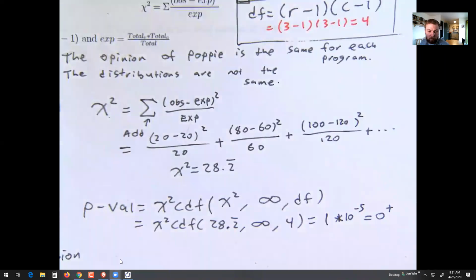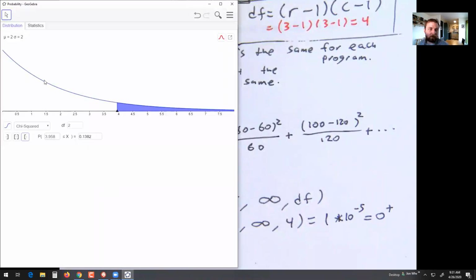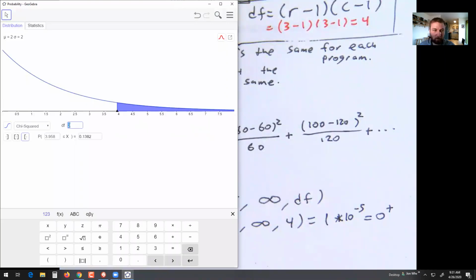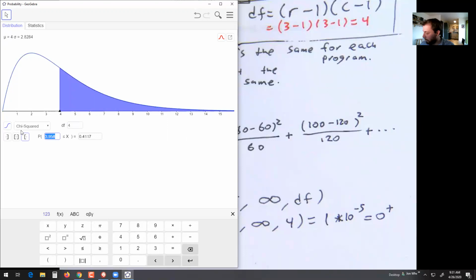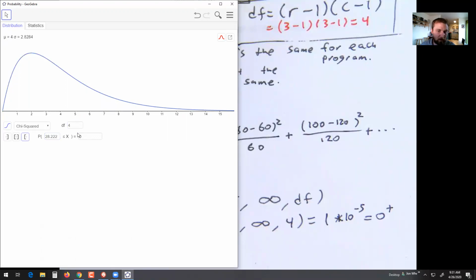If I'm trying to do the same thing inside of GeoGebra, I open up GeoGebra, I go into probability, I'm already in probability here, and I choose the option for chi-squared. I type in my degree of freedom, I type in my chi-squared value, and then I want to make sure that I'm choosing the option that's shaded to the right.